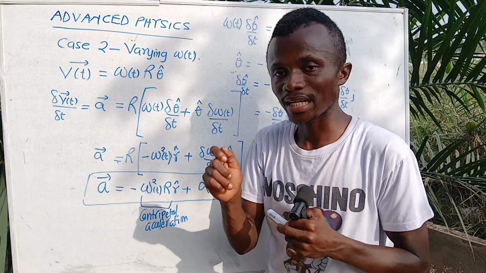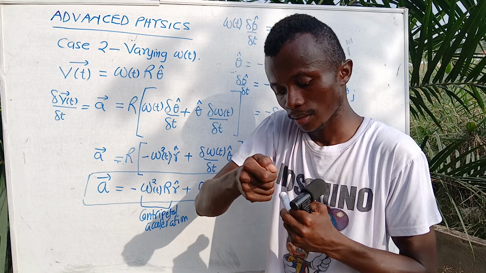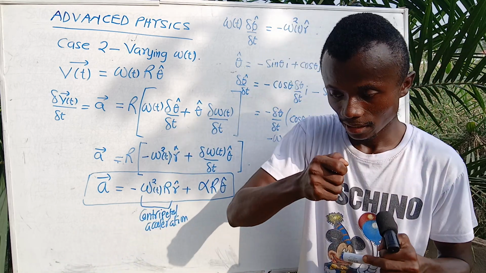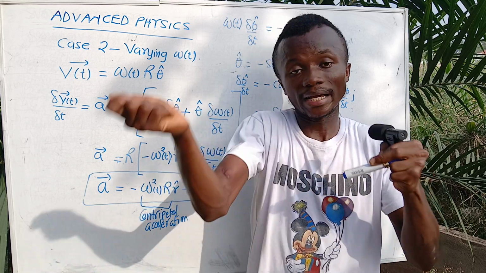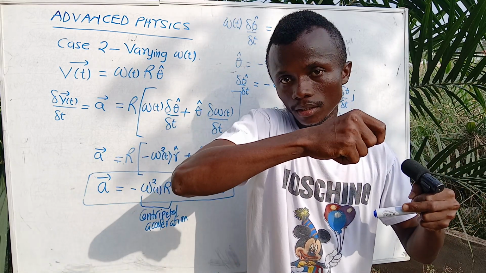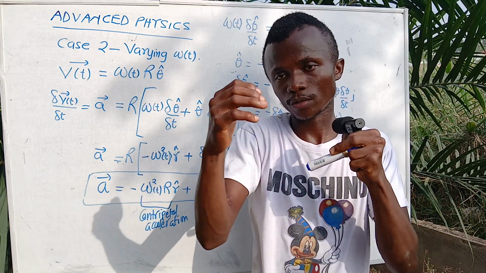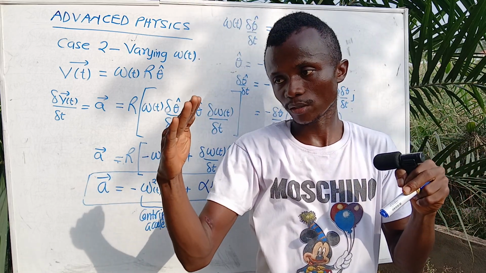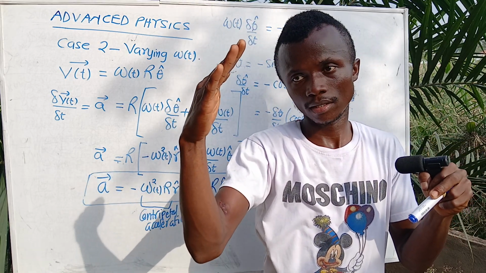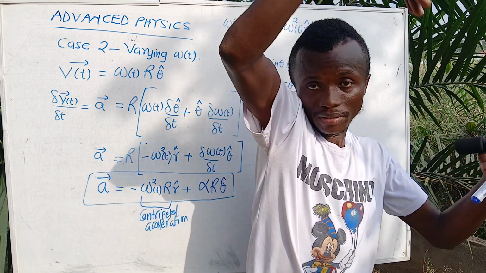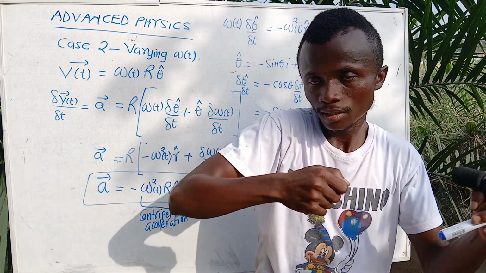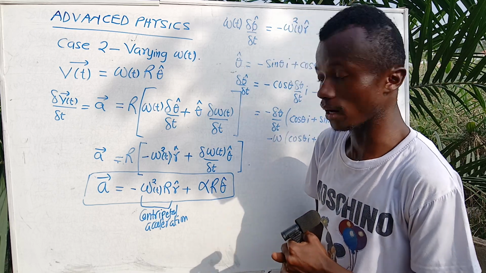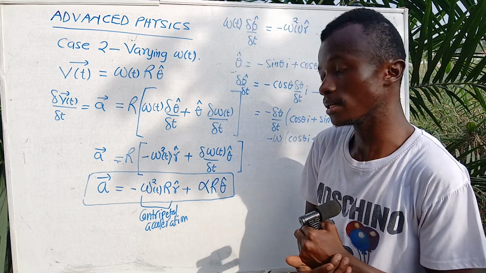And now, when the object speeds up, in other words, when you whirl the object in such a way that it doesn't move with a constant omega, but it speeds up, you exert a force tangential to the circle at every moment. So while it is moving with one omega at this point in time, you speed it up at this point in time, then continue to speed it up, you give it an angular acceleration that we call alpha, which is d omega dt.